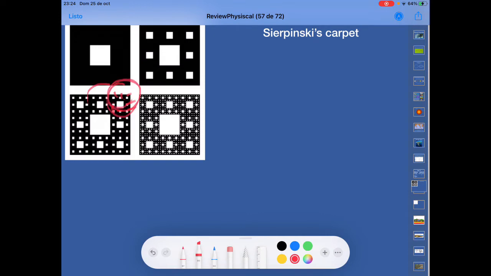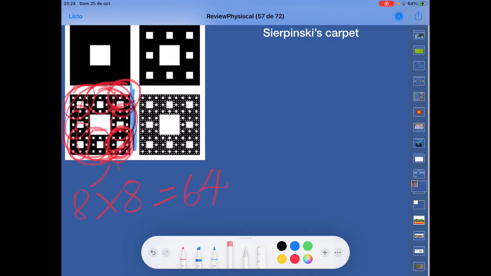Well, I have 1, 2, 3, 4, 5, 6, 7, and 8. So basically the total amount of squares of the smallest size that I have is 8 in one of these times 8 because I have 8 of those sections. So that equals 64.